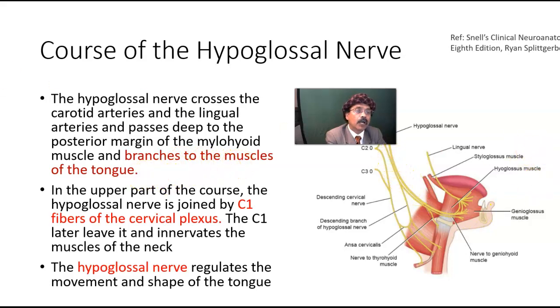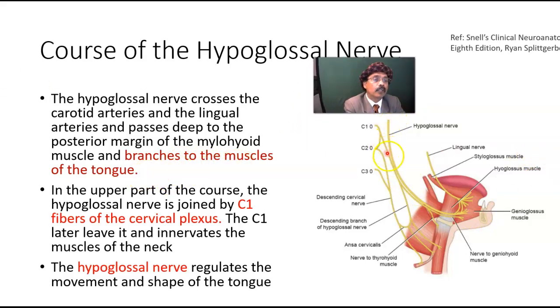So here is our hypoglossal nerve. Here it is deep to the posterior margin of the mylohyoid but superficial to the hyoglossus muscle, and it will branch out and supply all the muscles of the tongue.